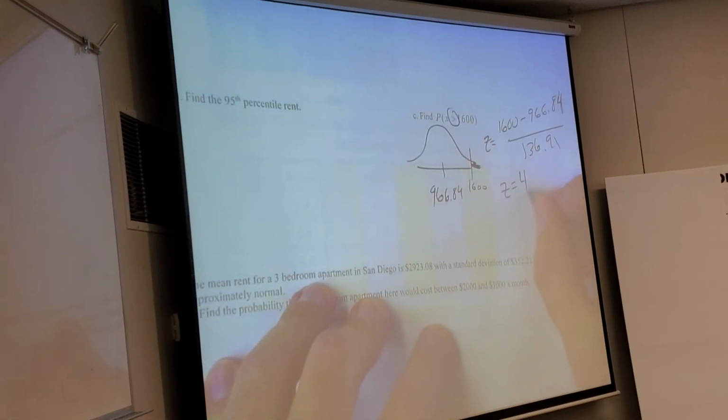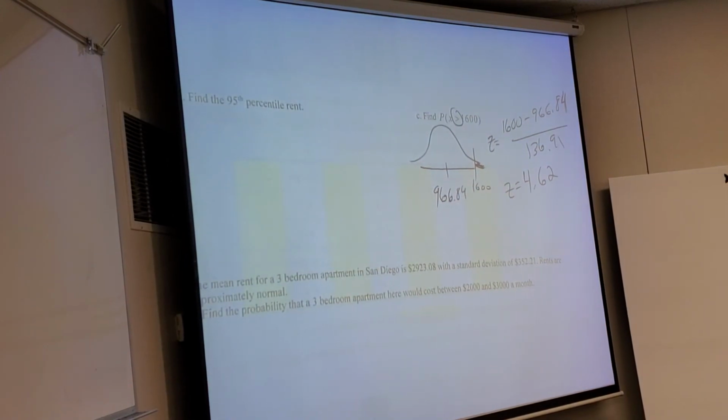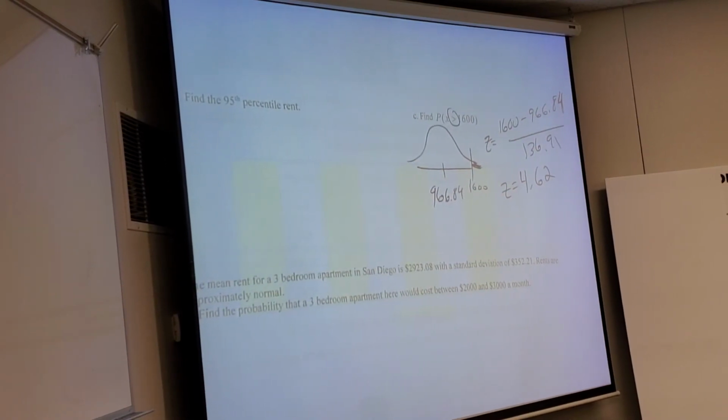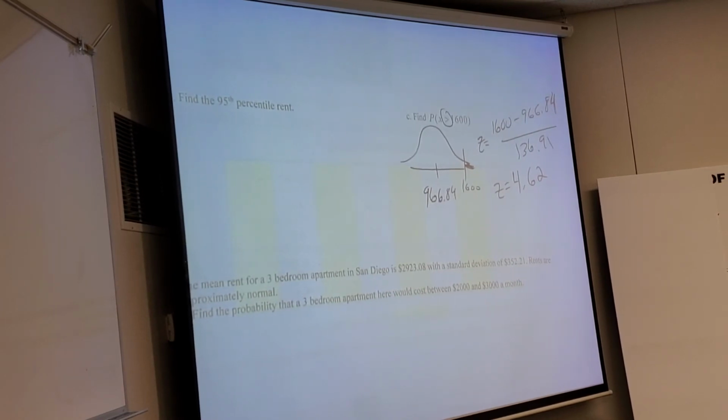Hopefully everybody's at the point in this semester where if I said somebody's height had a z-score of 4.62, you should go, that person's tall as hell. 4.62 standard deviations above the mean is insane, right? So what's the probability something would be above that? Should be basically zero, right?